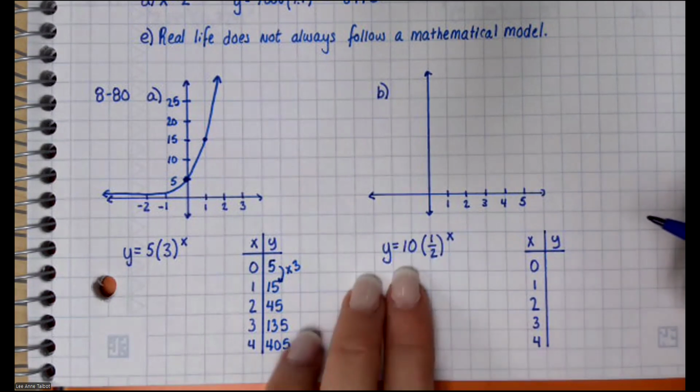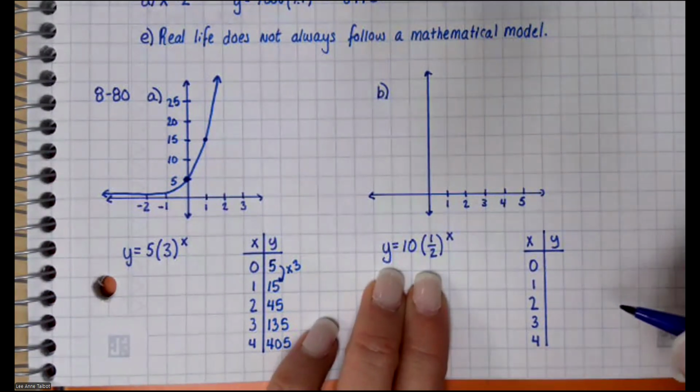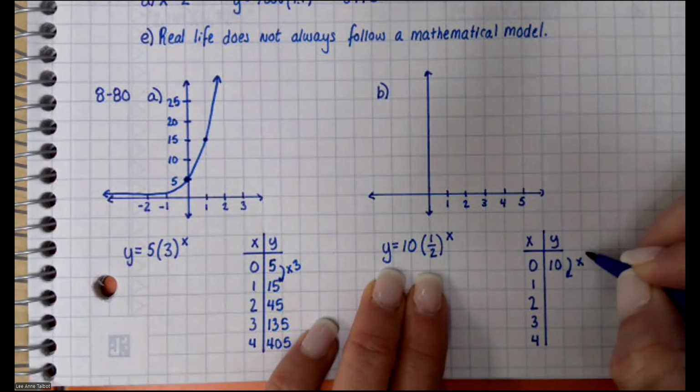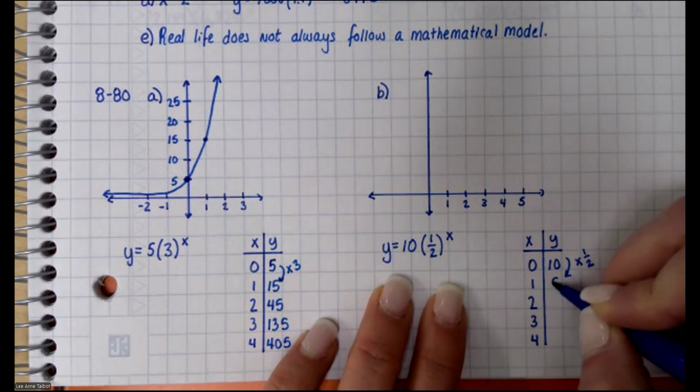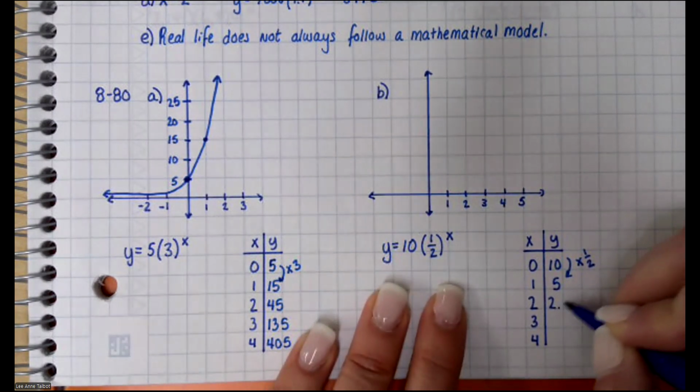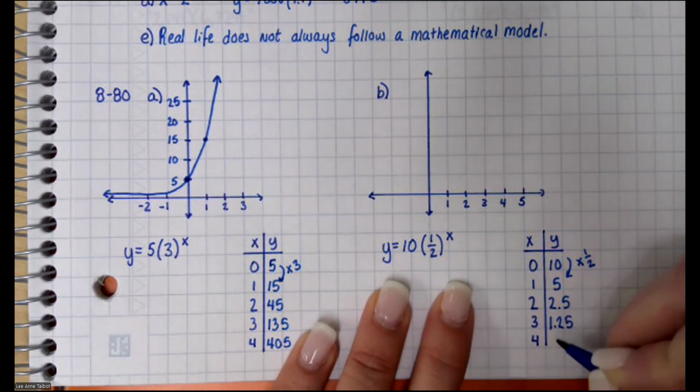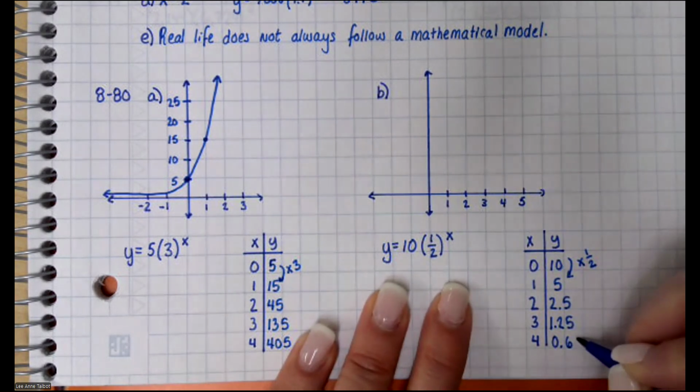Okay, next one. Which one of these numbers is the start? 10. 5, 2.5, 1.25, 0.625.